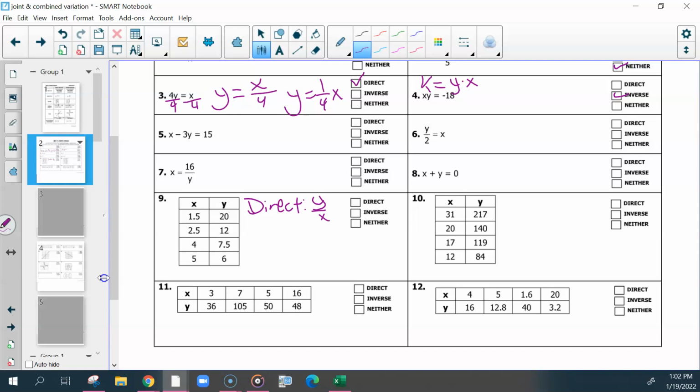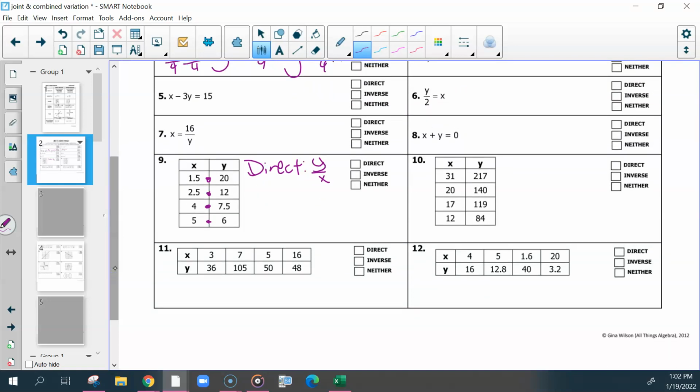Yeah, inverse. Could we multiply these and they were all the same? What did we get for our k value?